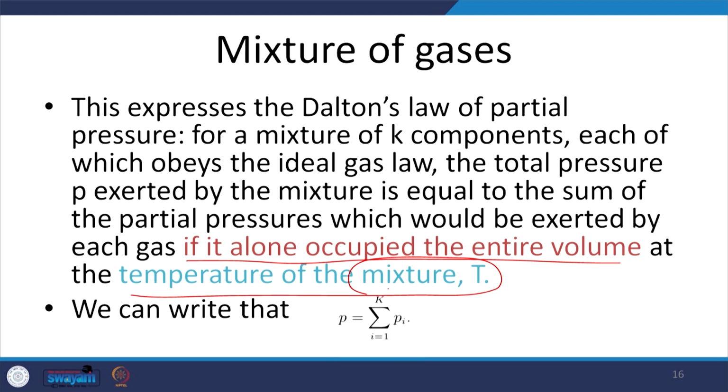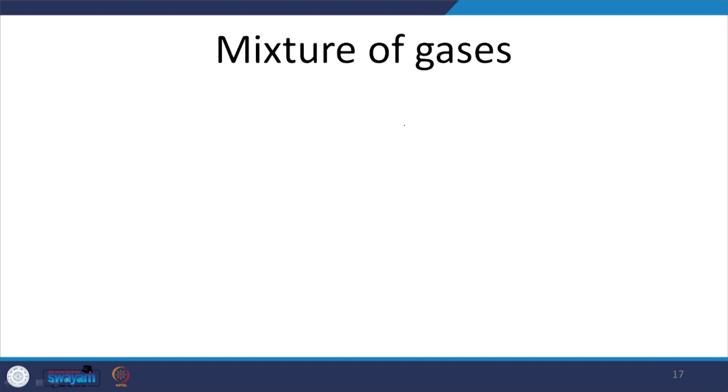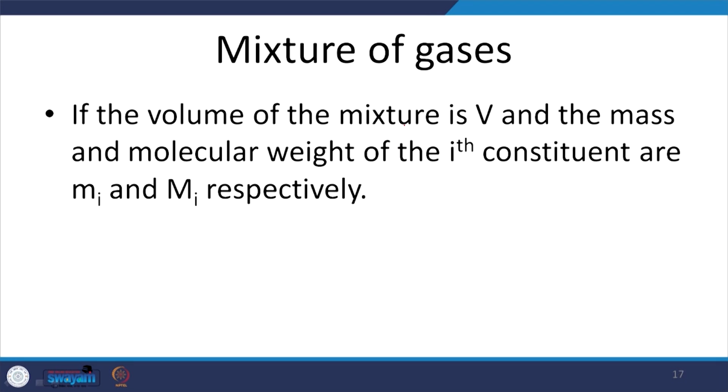So, we can write that the total pressure is the sum of partial pressures, and i goes from 1 to k, where I also said that it is a k component gas. I mean, there are k different components inside the gas which are exerting this pressure, right. So, if the volume of the mixture is V and the mass and molecular weight of the ith component are mi and capital Mi, mi is the mass, how much amount of gas is present, and Mi is the molecular weight of that species of gas.